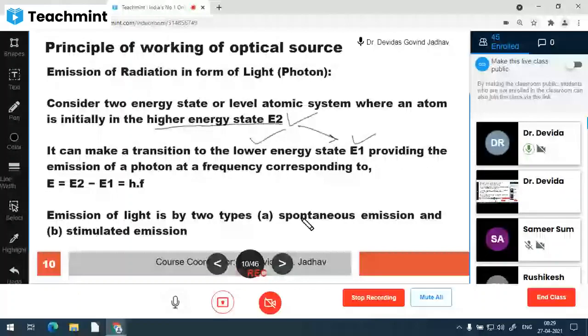That means the charged particle, the electron which is in conduction state, jumps into the covalent bond and goes into valence state. In that case, it releases the energy by emission of a photon at a frequency corresponding to E equal to E2 minus E1 equal to hF. So this F is the frequency corresponding to E2 minus E1, that is the band gap energy. And the emission of light or photon takes place in two types: one is spontaneous emission, second is stimulated emission.